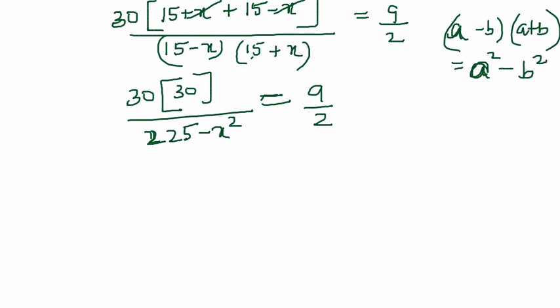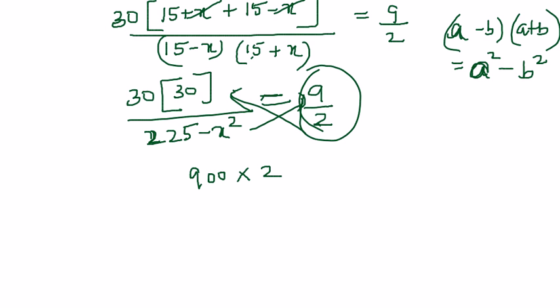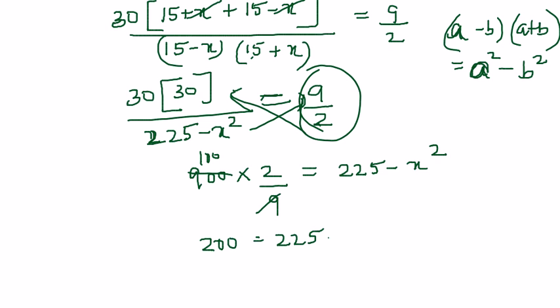So let's take x to one side and bring the known to the other side. When I bring this to the other side, 2 will come on top, 9 will come down, right? So 30 into 30 is 900 into 2 by 9 is equal to 225 minus x squared, right? So this gets cancelled, and you get 200 is equal to 225 minus x squared.